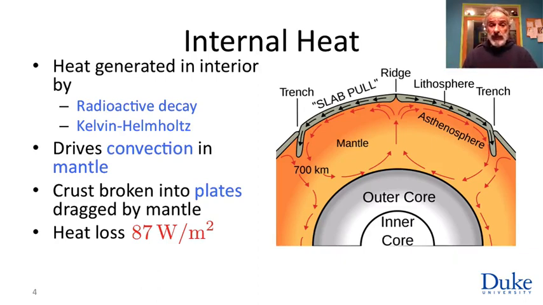The heavy elements, which are the ones prone to radioactive decay, would have sunk under chemical differentiation and are concentrated in the core. So the core is generating heat, and this heat is carried up through the mantle by convective processes.